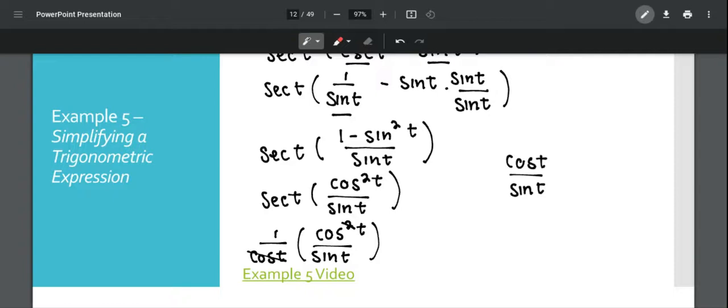And we know that sine over cosine is tangent, which means that cosine over sine is cotangent. So that whole thing is just a fancy way of saying cotangent.